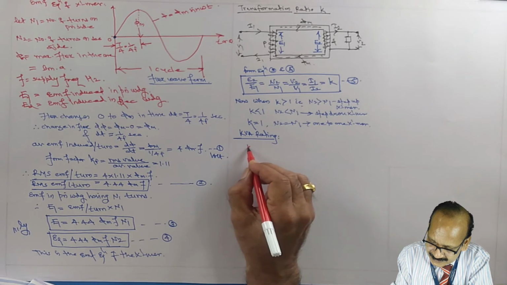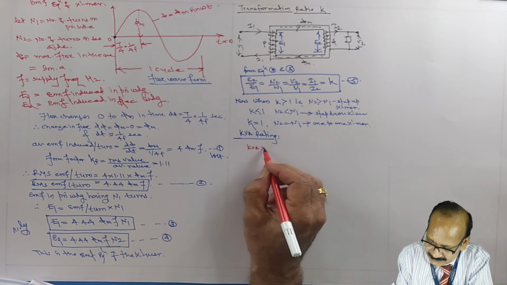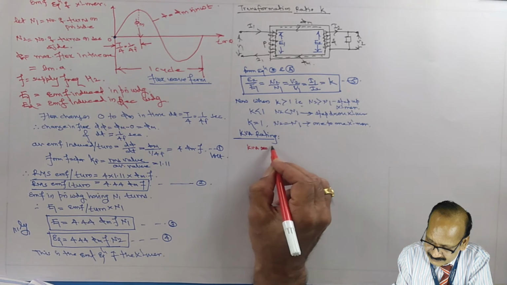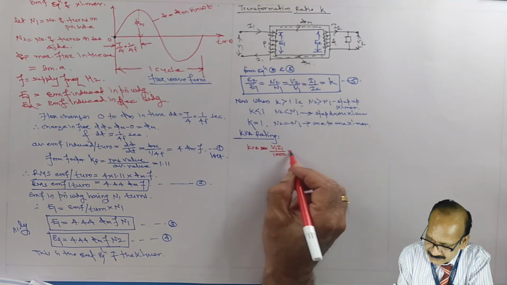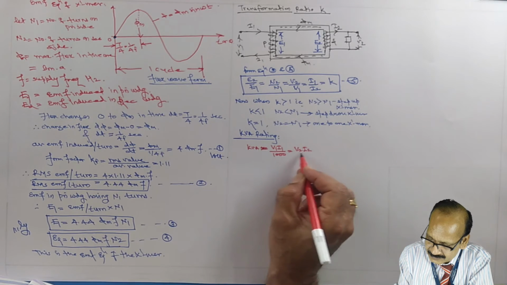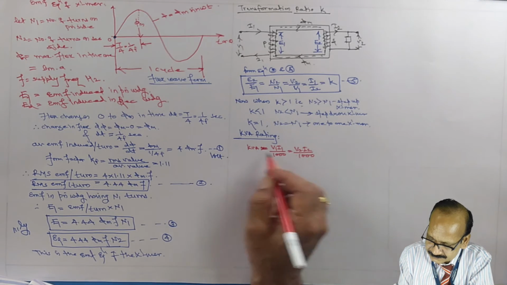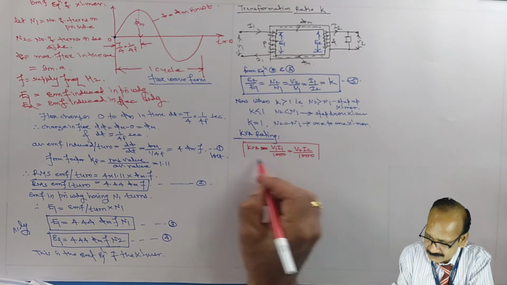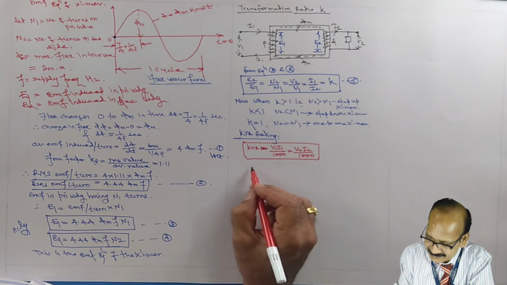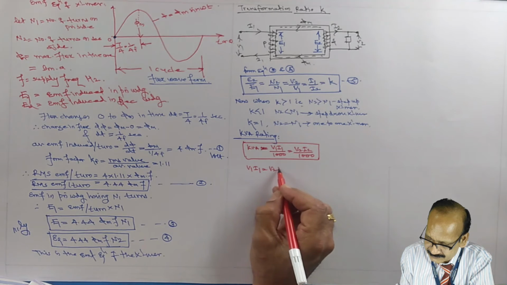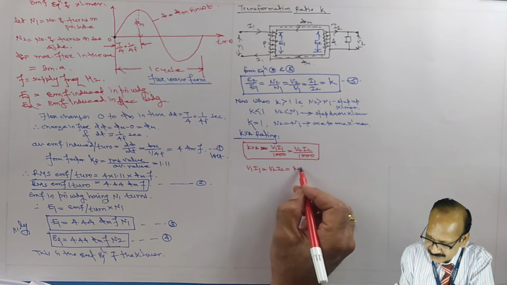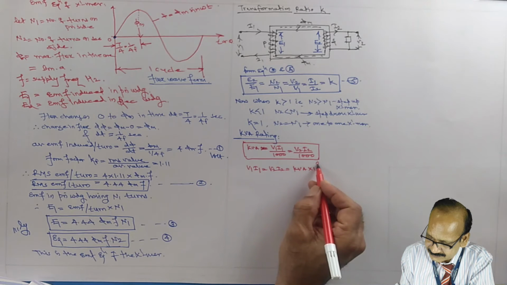Therefore, kVA into 10 raised to 3 equals V1 I1 upon 1000 equals V2 I2 upon 1000. So this can be written as V1 I1 equals V2 I2 equals kVA into 10 raised to 3.